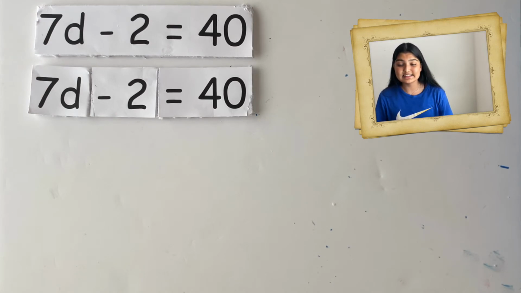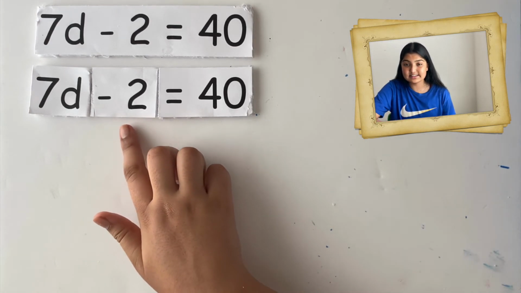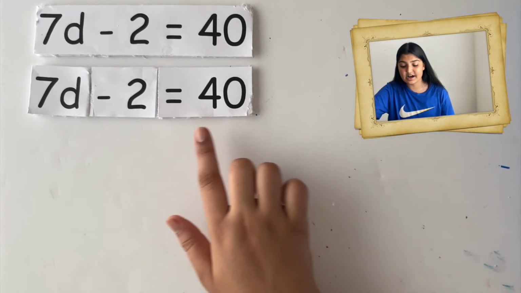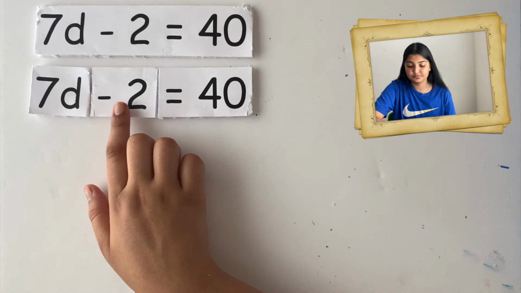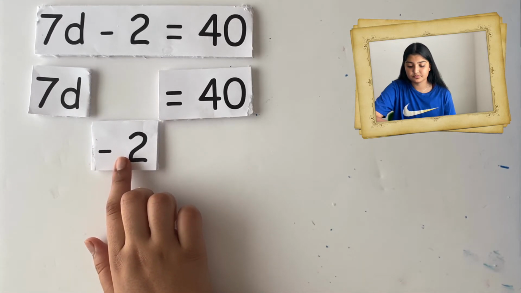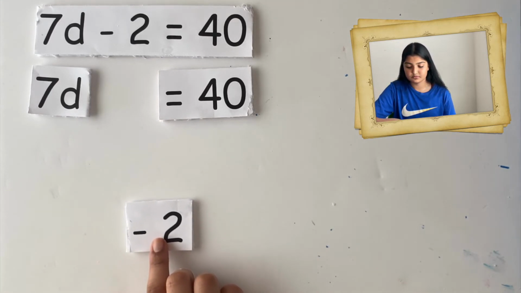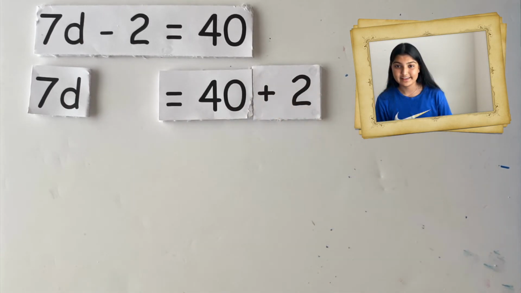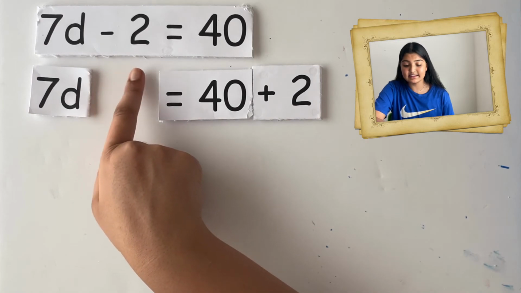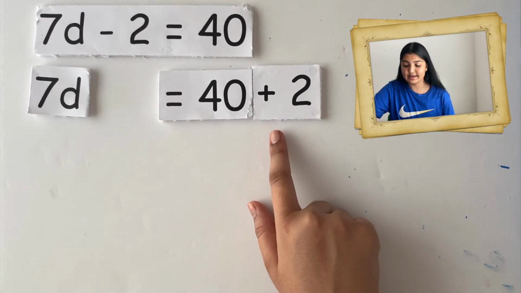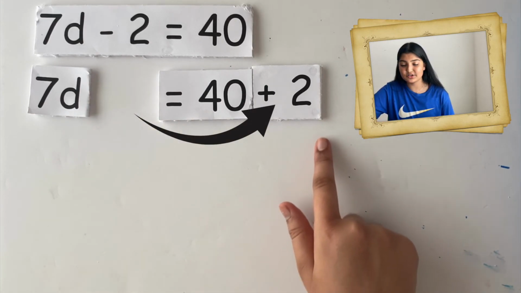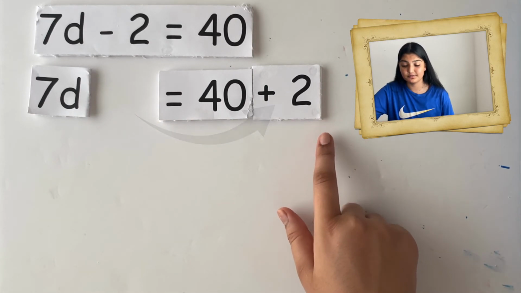Now, let's take this constant term to the other side of the equal sign. Here, negative 2 became positive 2 when we took it to the other side of the equation.